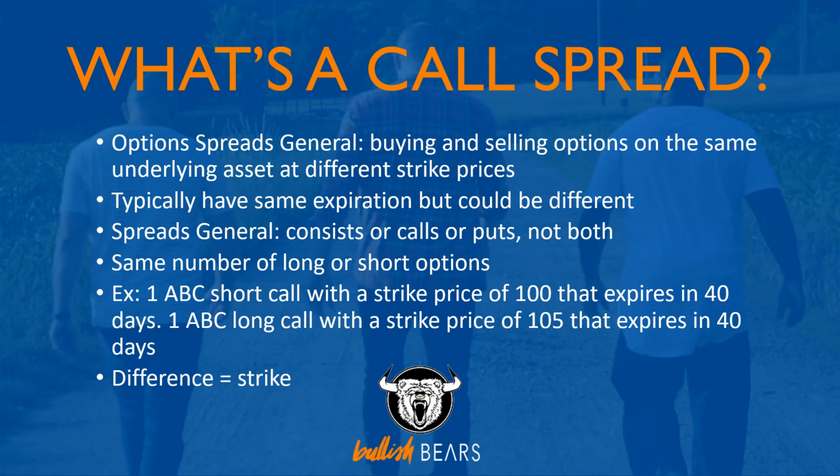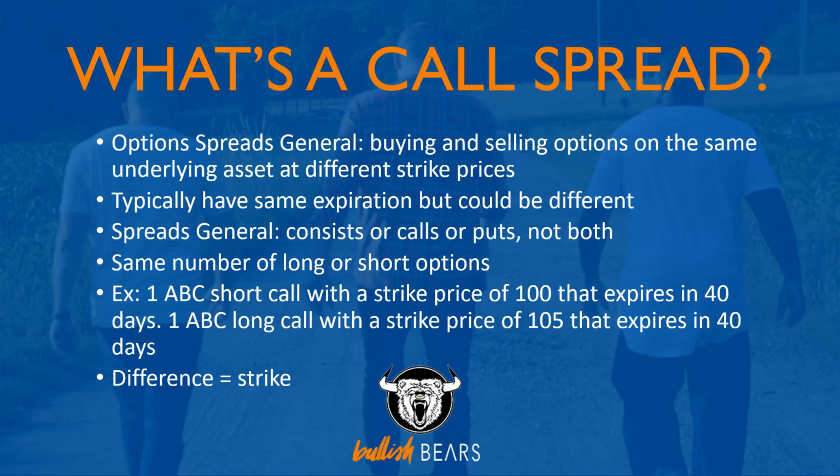So an example would be, let's say you're buying one ABC short call with a strike price of $100 that expires in 40 days. Then you would buy one ABC long call with a strike price of 105 that expires in 40 days. So the difference in that example is just the strike price itself.